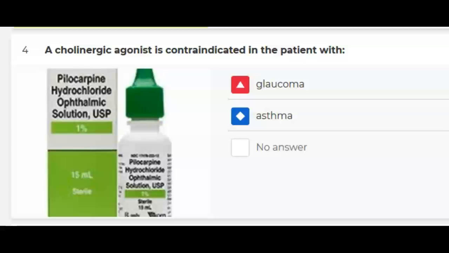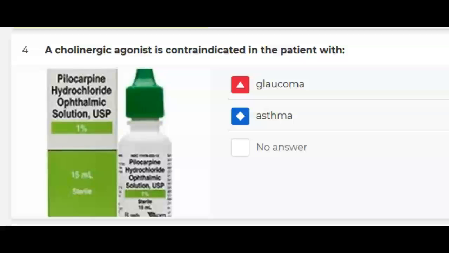And with the parasympathetic system being full force, I'm worried about bronchoconstriction, right? Because my sympathetic opens up airways. My parasympathetic causes bronchoconstriction and increased secretions. This is why cholinergic agonists would be contraindicated in the patient with asthma.